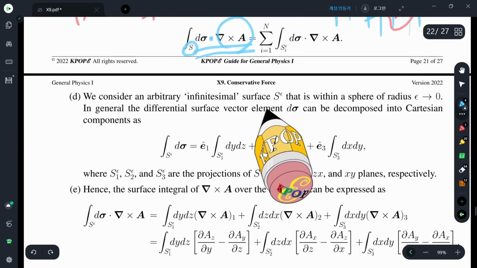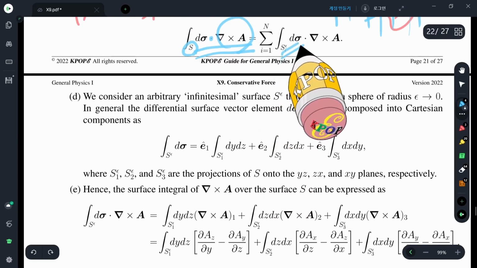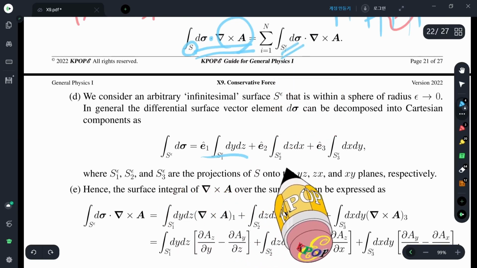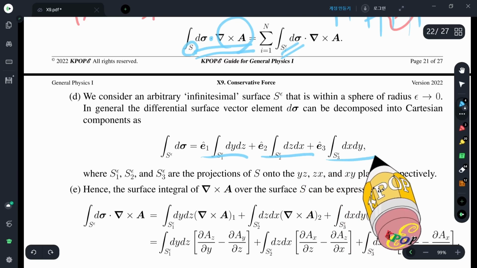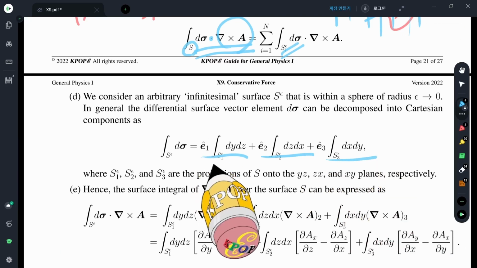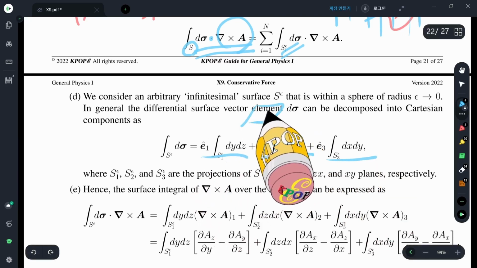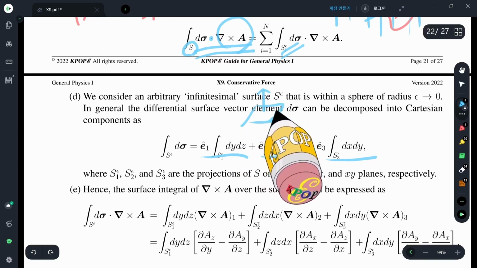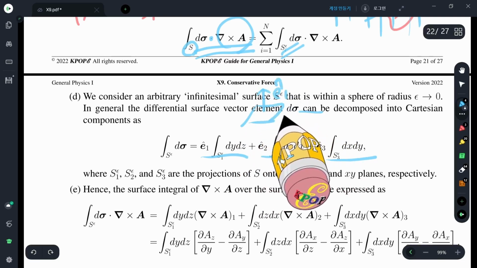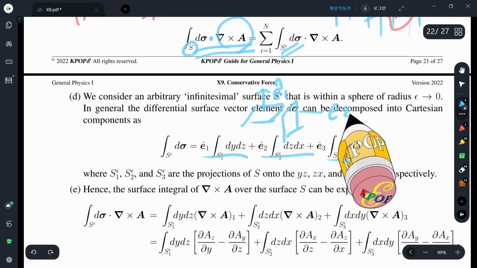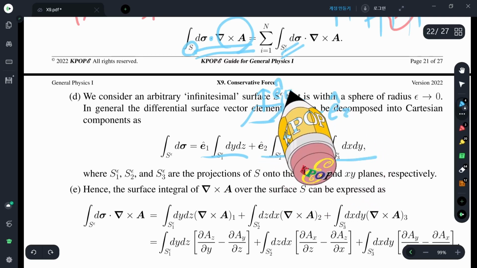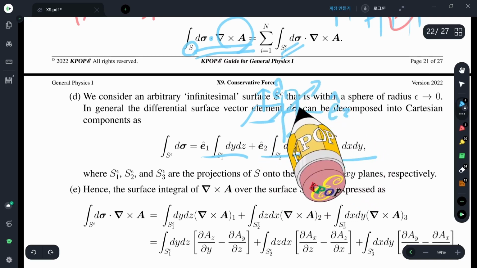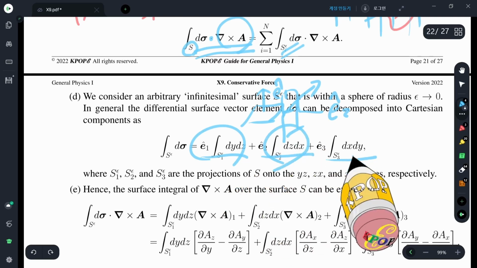And then each small surface can be decomposed into three pieces, that is, normal to E1, normal to E2 and normal to E3, three different spaces.